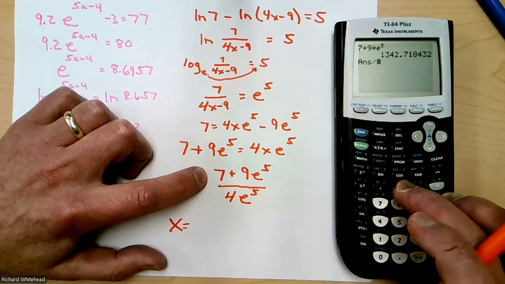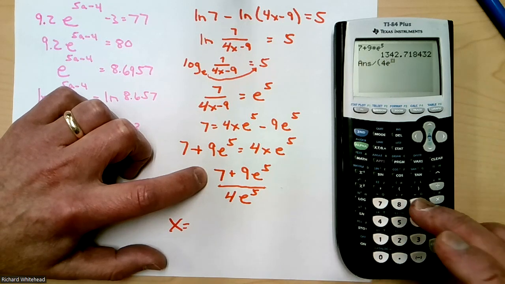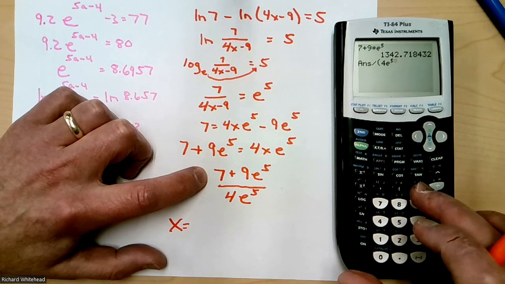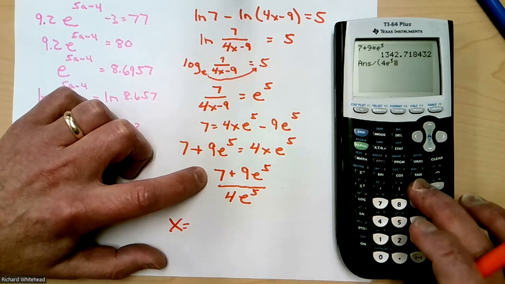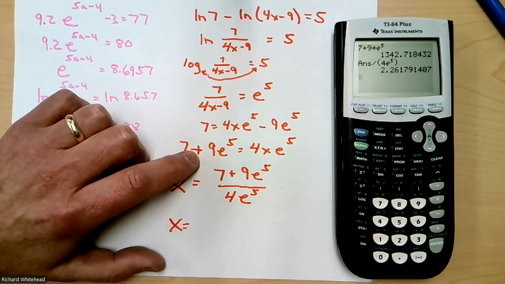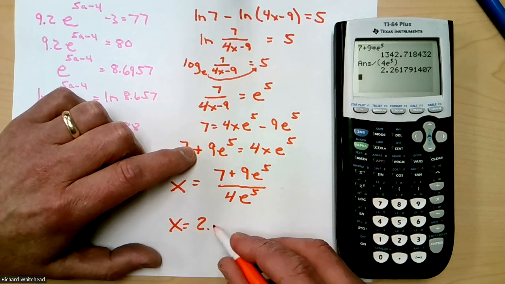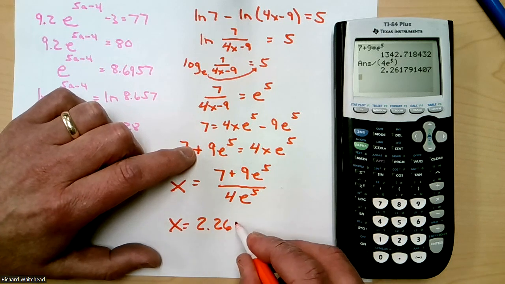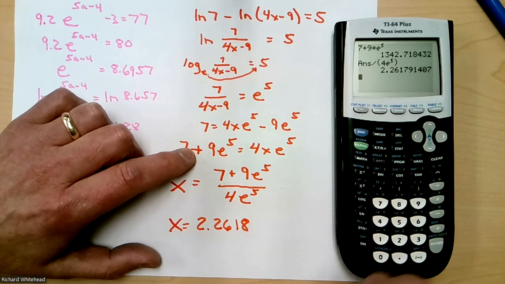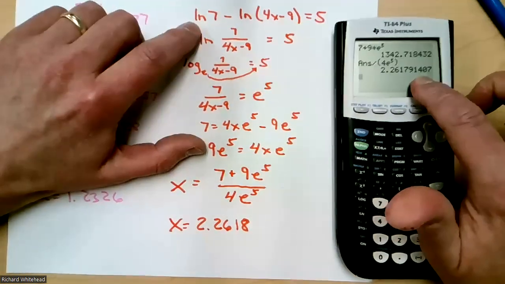Okay, now we divide by 4 times e to the 5th, close parentheses, like that. And hopefully this is right. I end up with 2.2618. And as always, that's on my calculator unrounded.